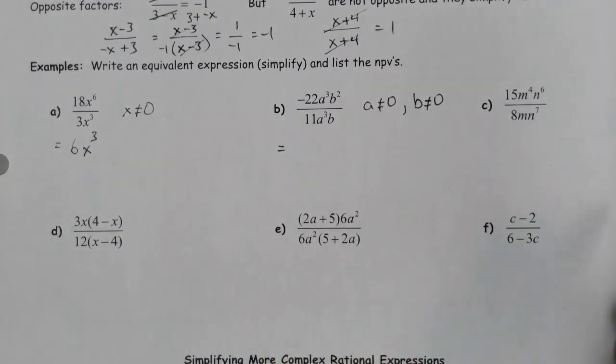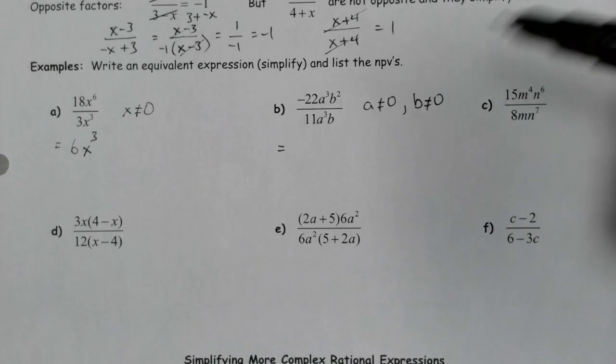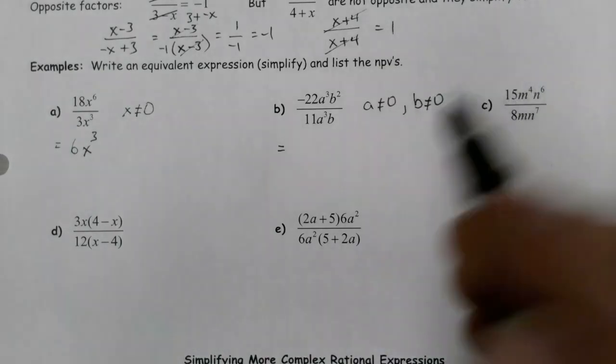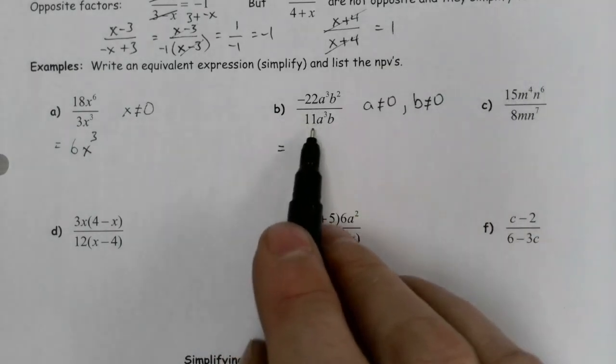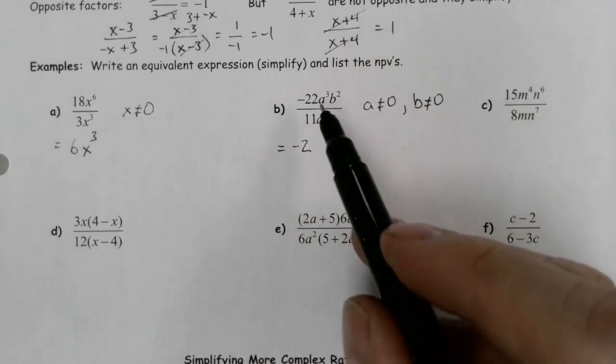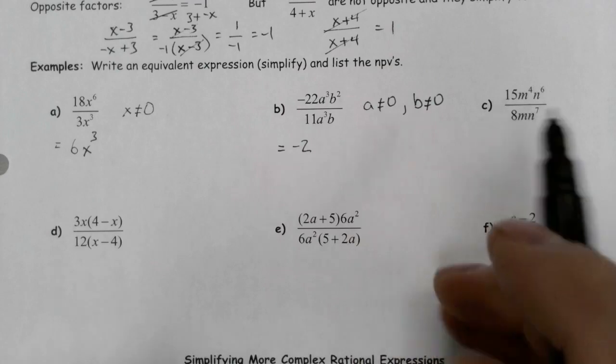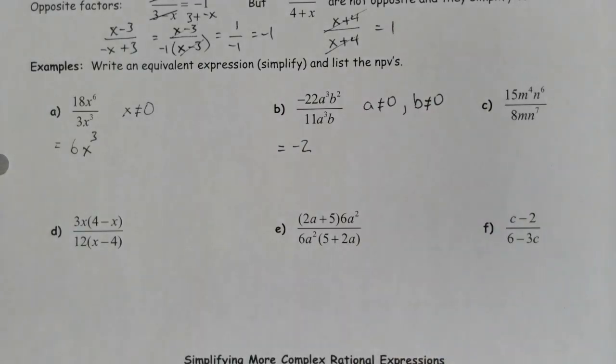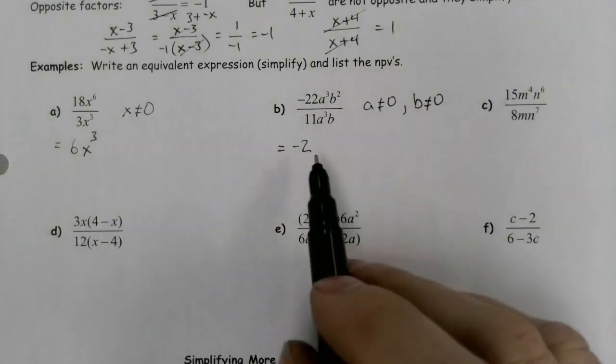So now I'm going to look at simplifying, and because of the fact that it's factor the numerator, factor the denominator, I'm just going to do the division. Negative 22 divided by 11 is going to be negative 2. A cubed divided by a cubed, well, I like that because that's going to create a 1. So there's going to be a factor of 1 here.